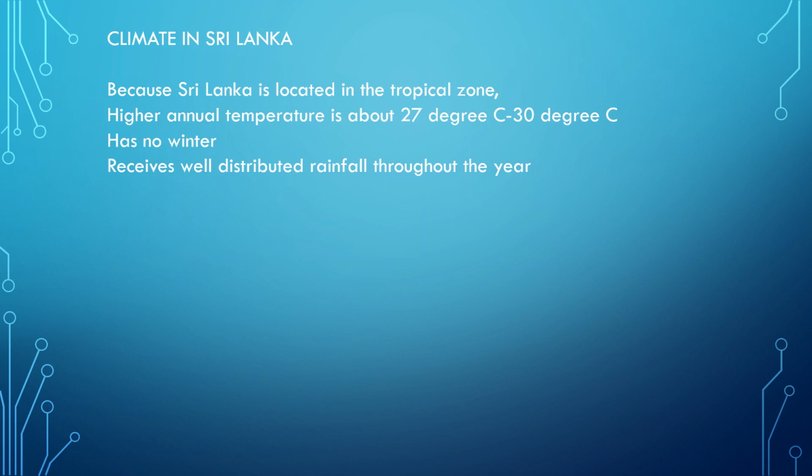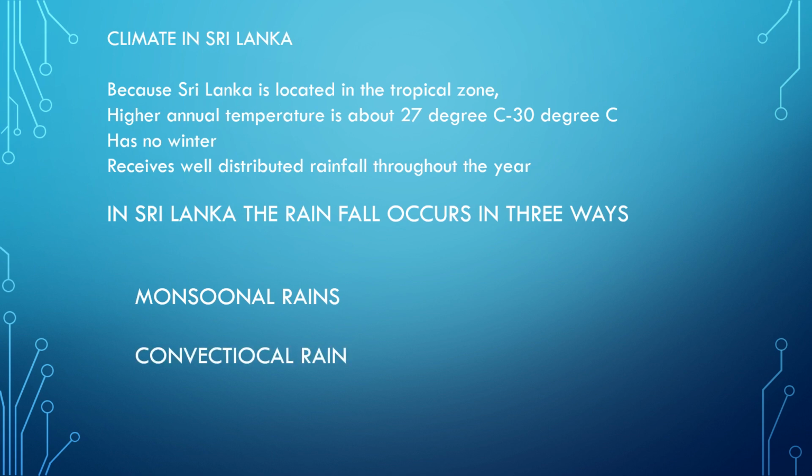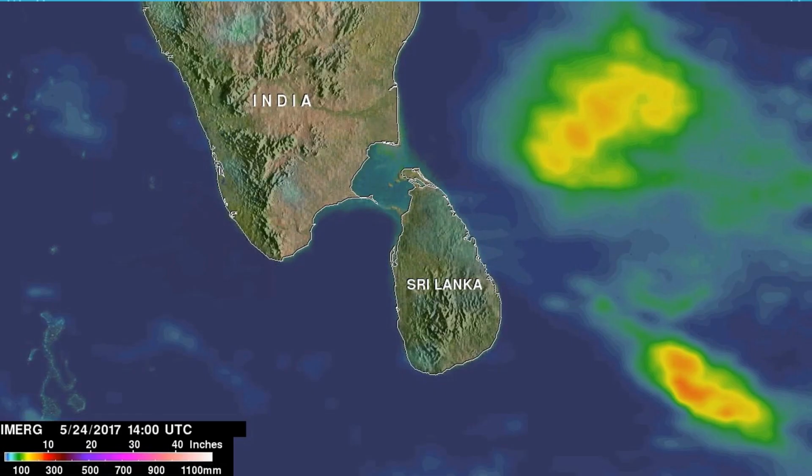It receives well distributed rainfall through the year. In Sri Lanka, the rainfall occurs in three ways: monsoonal rains, convectional rains, cyclones.